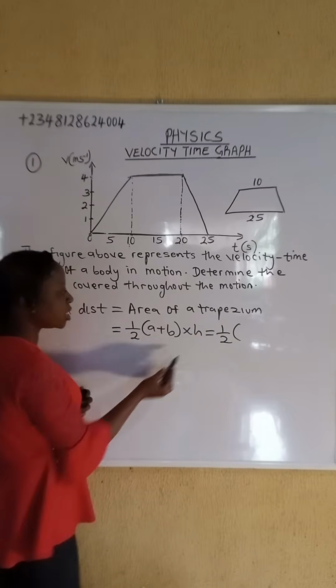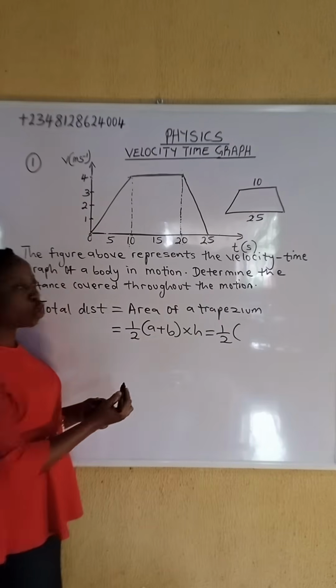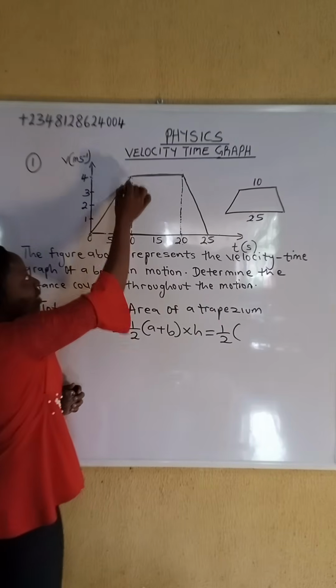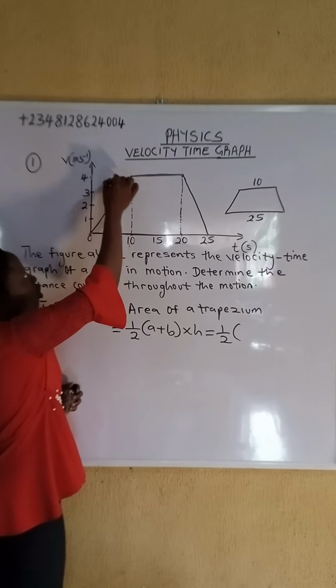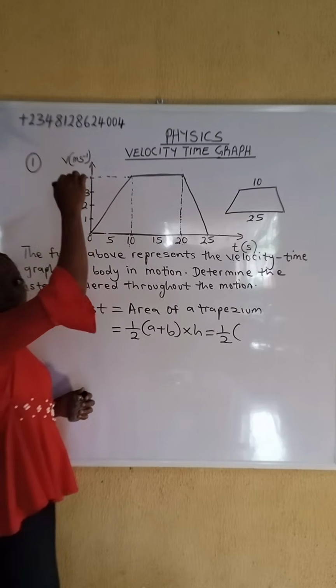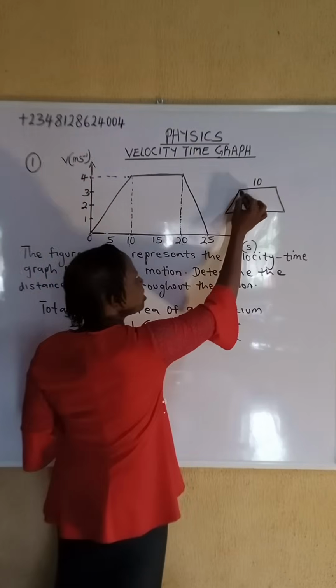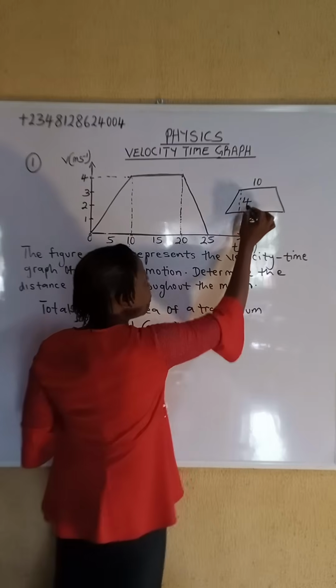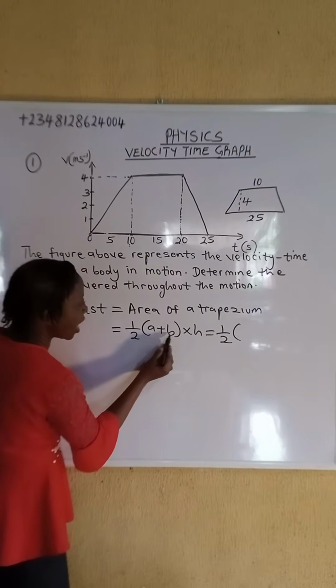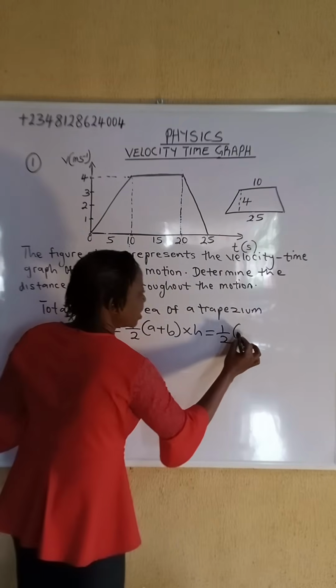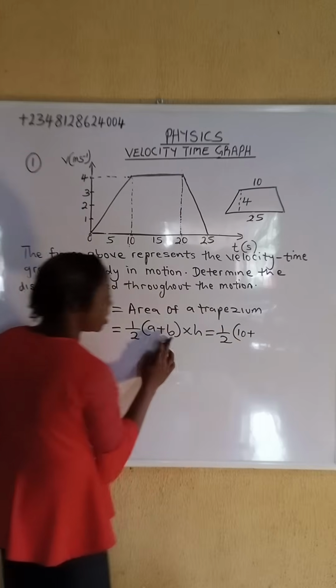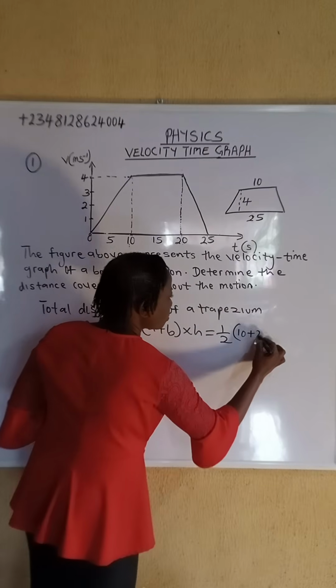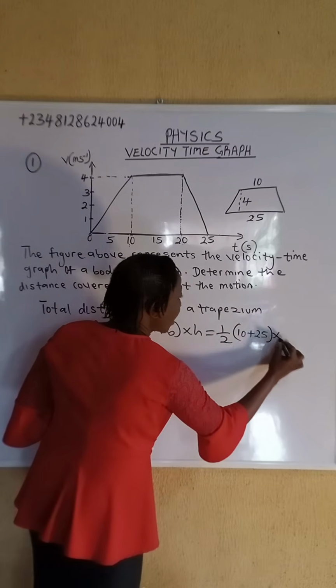Then we are going to need the height of the trapezium. So the height is from here down to this point. When we trace it to this place, it is equivalent to 4. So the height is 4. So that will be A and B. A is 10. Then B is 25. Then multiply by the height.